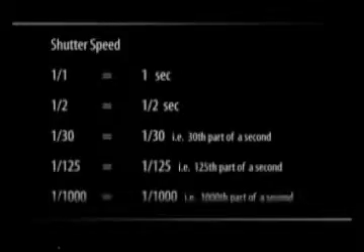For example, if it is 1 by 1, it is 1 second. 1 by 2 is equal to half a second. 1 by 30 is a 30th part of a second. 1 by 125 is a 125th part of a second, and at 1 by 1000 it is a 1000th part of a second. Because of this, we call the camera a precision equipment, because it can operate for a precisely exact duration, for example, as close as 1 by 1000 or 2000 part of a second.